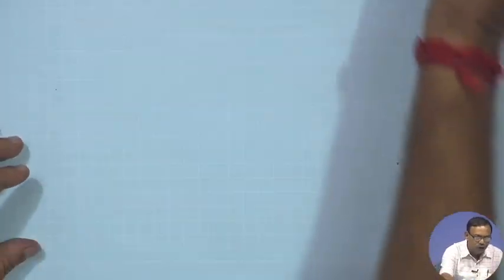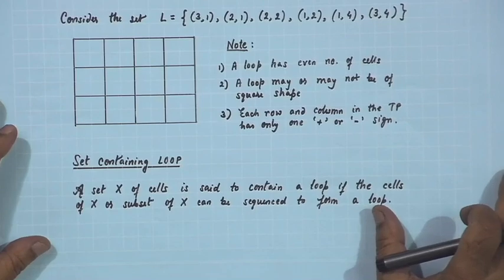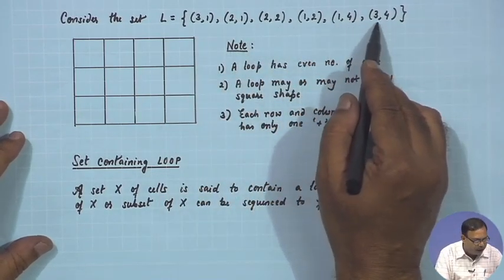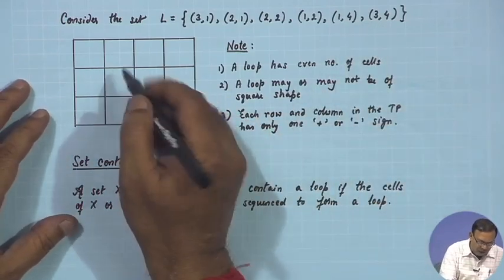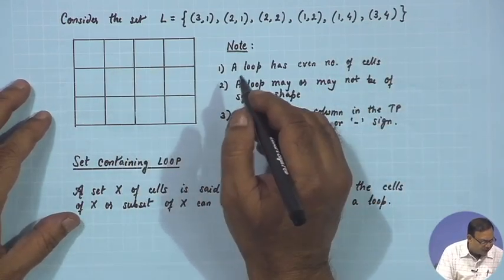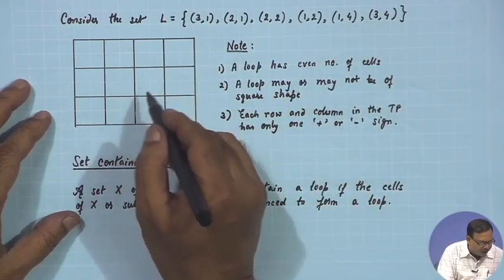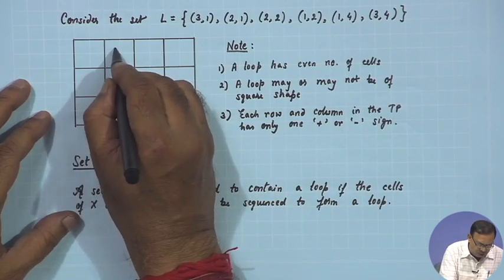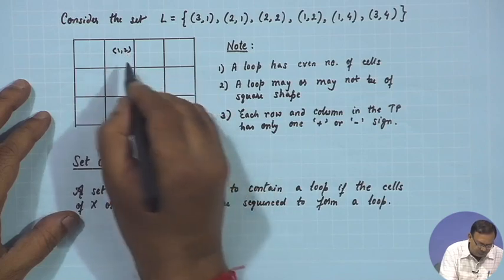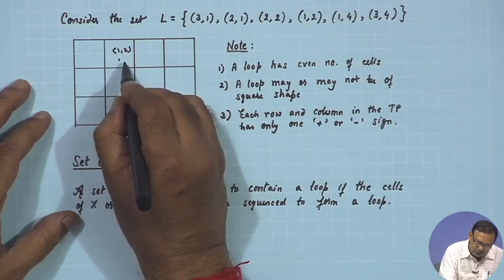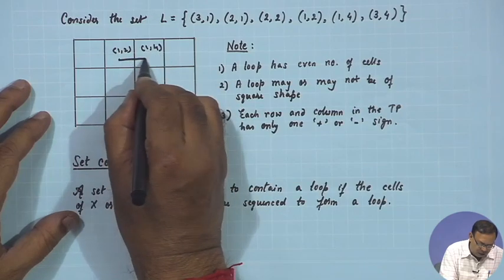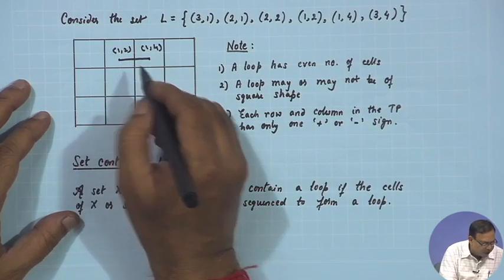Any 3 or more adjacent cells in the ordered set do not lie in the same column. So, if you consider sets like this: 3 1, 2 1, 2 2, 1 2, 1 4 and 3 4. You are starting, say, from here, this is your 1 2. From this point you have 1 4, so from here you are going up to this.